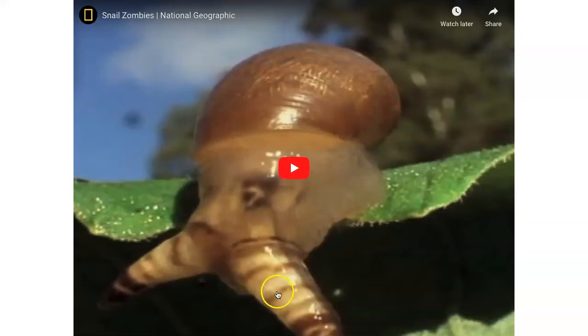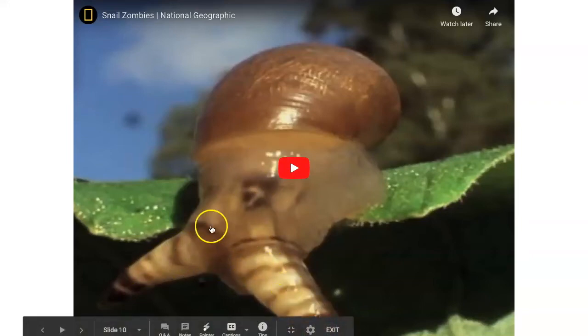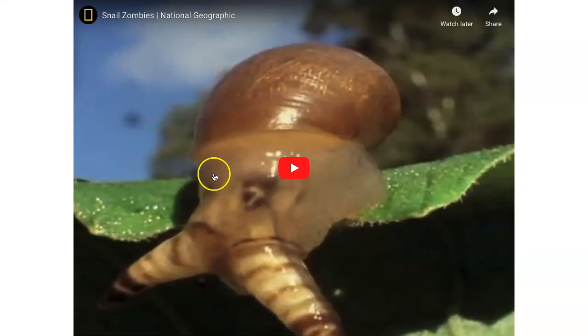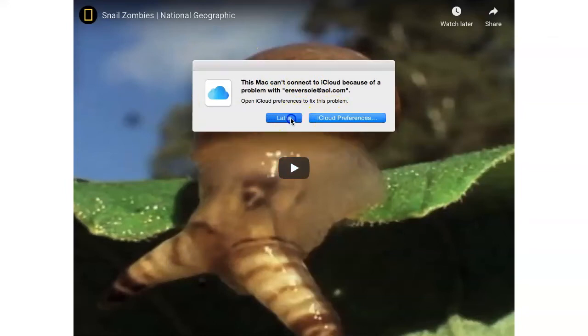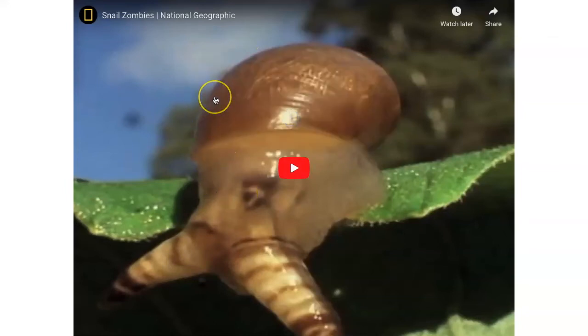And you can actually see the worms right here. Right where his eyes would be, those are actually worms inside of his eyes. The worm controls the snail to go where it wants to, which leads it to its second host, which is a bird. So go ahead, watch this video, and it will show you how it does that.